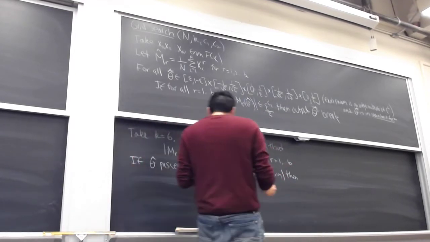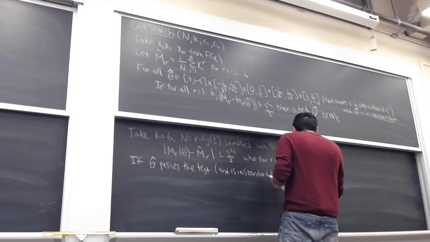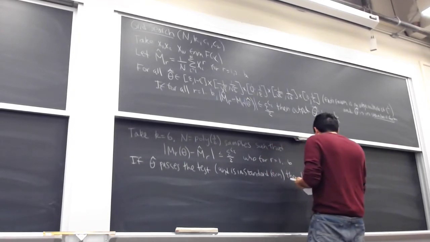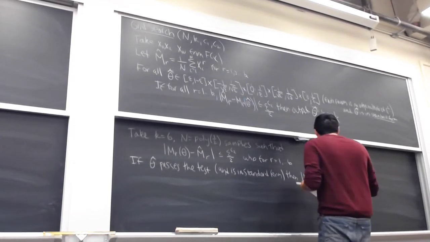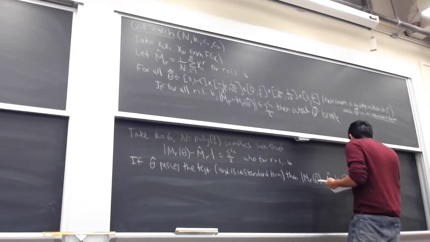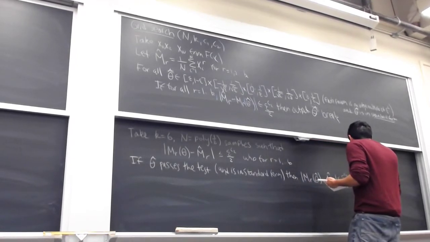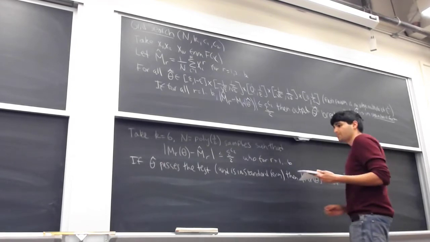then we know that M_r of theta hat minus M hat is itself epsilon to the C2 over 2, again, for all r from 1 to 6.